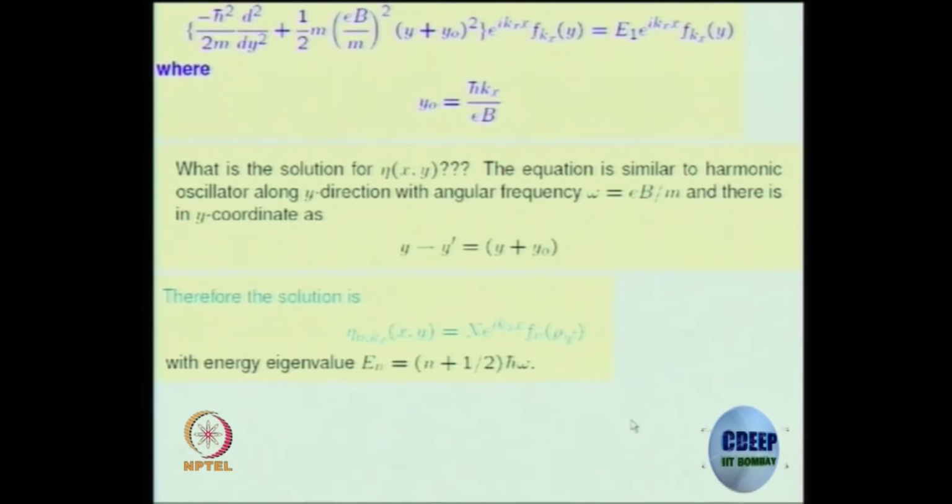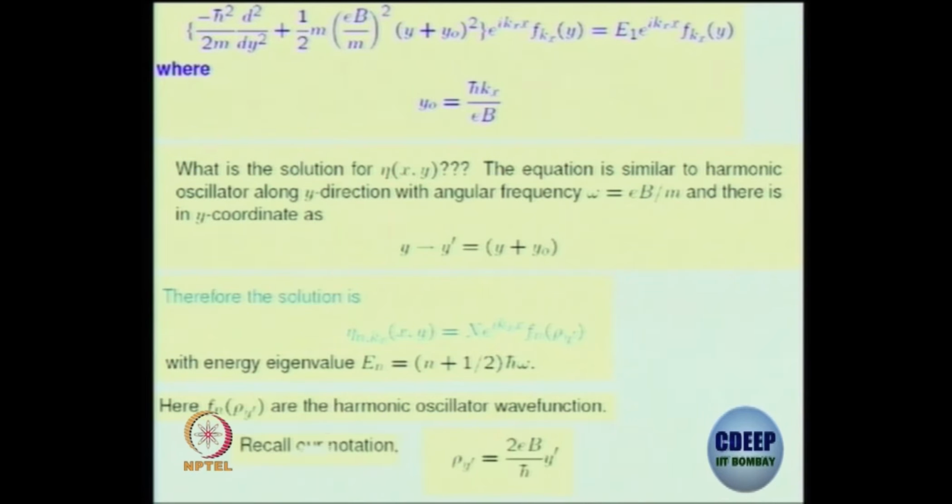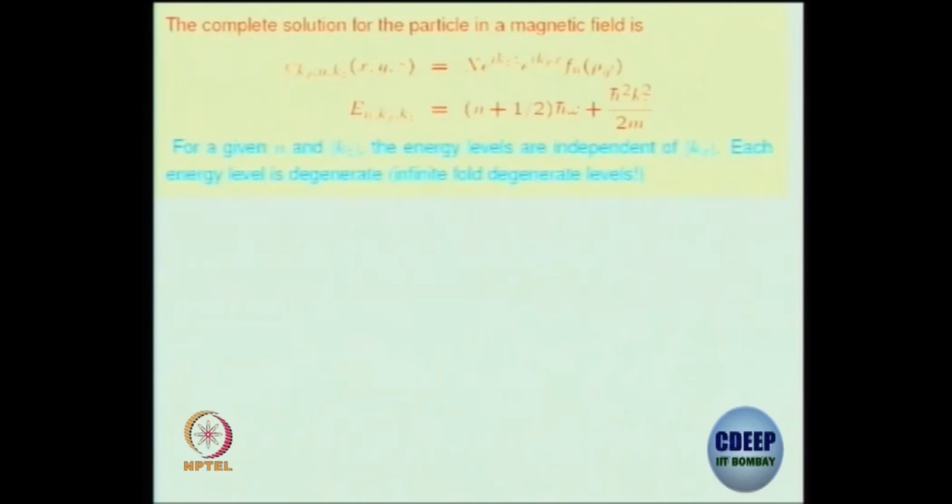Is that the energy or something more is there? The z coordinate energy should be added to this. Yes. So the total solution in 3 dimension for a particle subjected to a magnetic field, we can try to use an appropriate choice for the vector potential. Magnetic field is along the z direction.